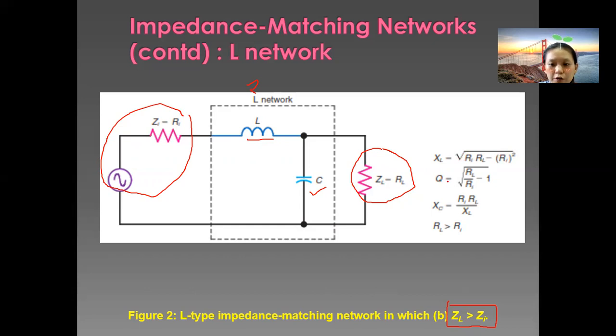Then we can calculate Q, the quality factor, equals the square root of RL divided by Rin minus 1. XC equals Rin times RL divided by XL. In this case, we must fulfill this rule before we can use this formula.